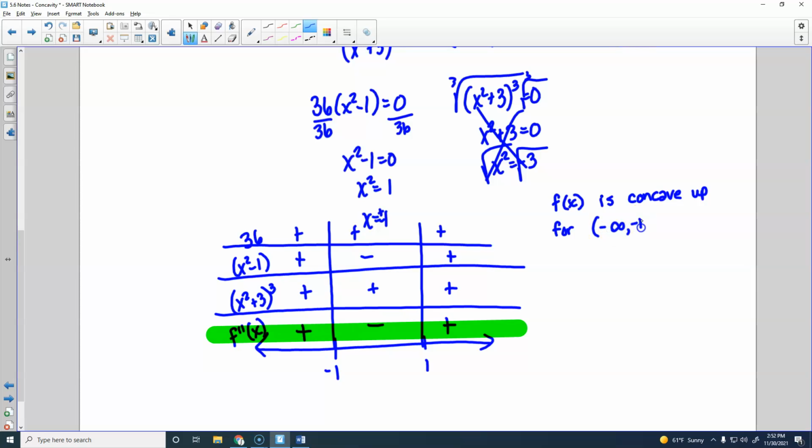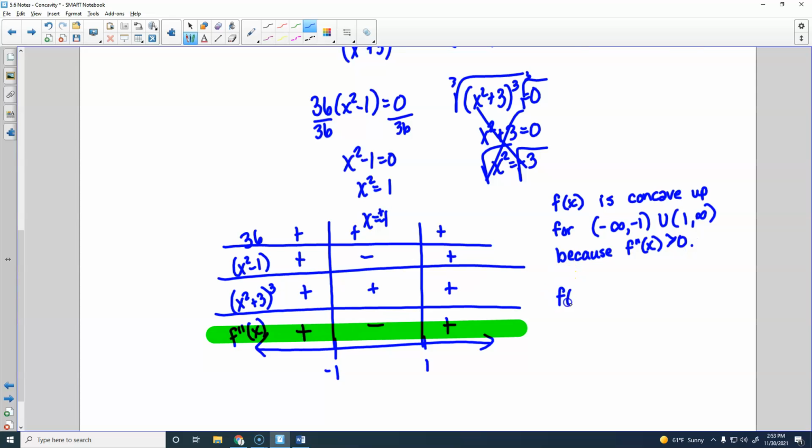Negative infinity to negative 1 and 1 to infinity, because f double prime is greater than 0. Or you could say it's positive.